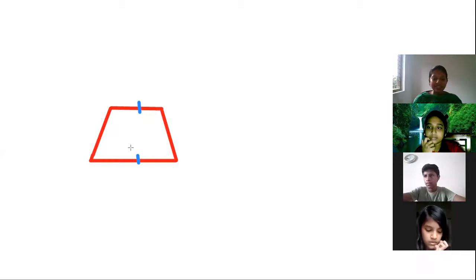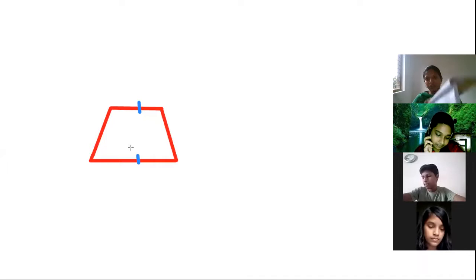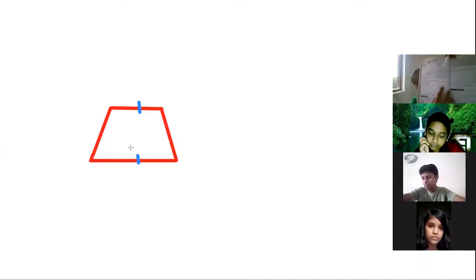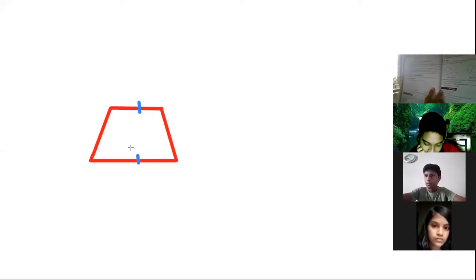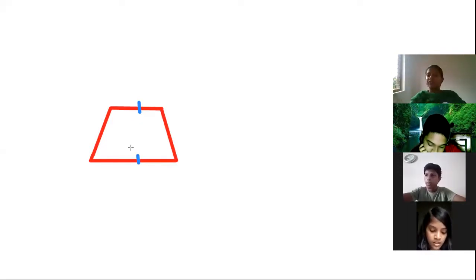Then in the second set, there is a second picture I have to show you. That is this one. What is the specialty of this picture? All sides are different. It has 5 sides.